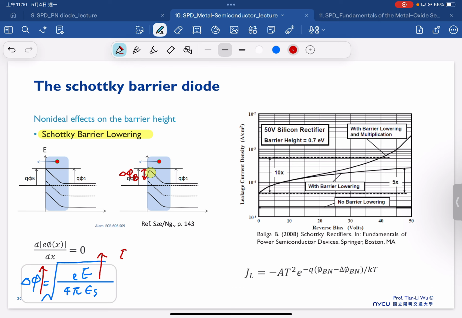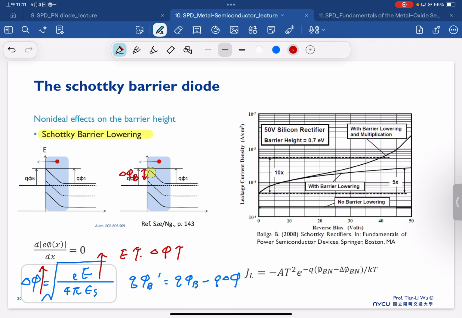At higher electric field, the barrier lowering effect becomes serious, and your barrier height is equal to the ideal case minus this delta phi.